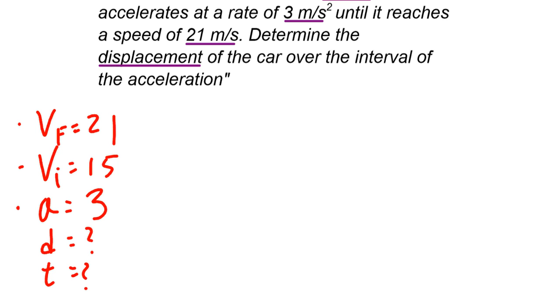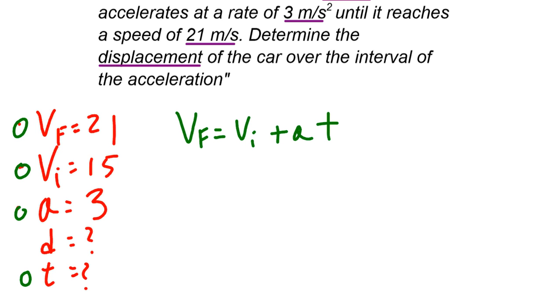So I'm going to use an equation that has velocity final, velocity initial, acceleration, and has time in it to allow us to solve for time first. That equation ends up being VF equals VI plus AT. I write the equation, and then directly underneath, I plug in again. So 21 equals 15 plus 3 times t. 3 is the acceleration. I subtract over the 15 again, and I get 6.